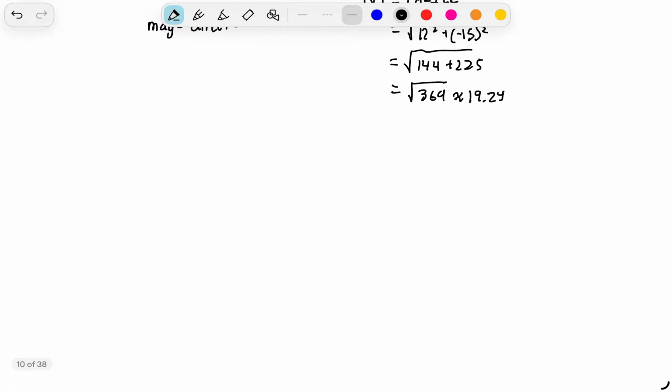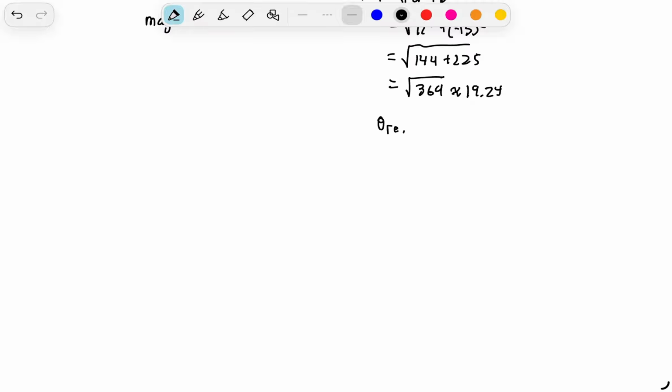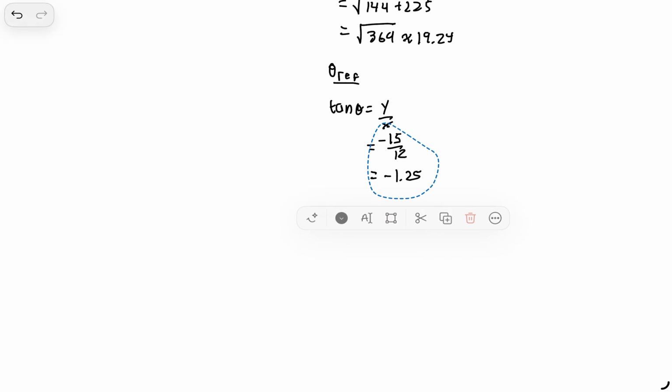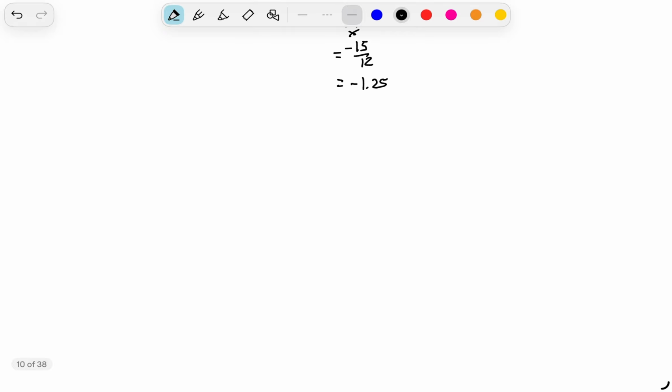That's our magnitude. So we also have to find our reference angle. So we know tan theta is y over x. That ratio is negative 15 over 12. So negative 15 over 12 will equal negative 1.25. So that's tan theta, though. We want to get just theta. So that's tan inverse of both sides.